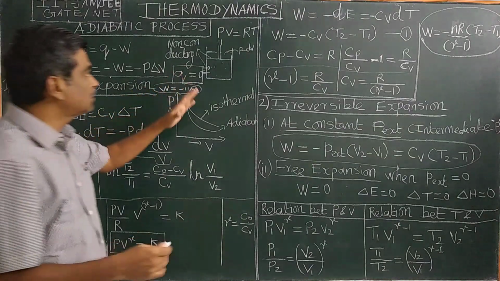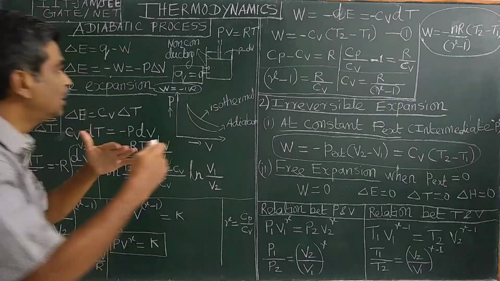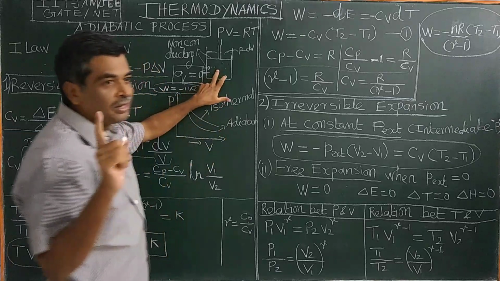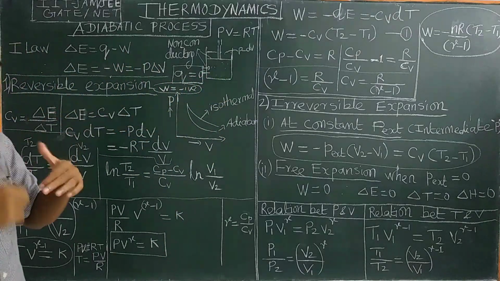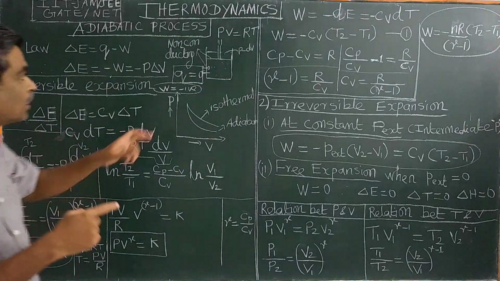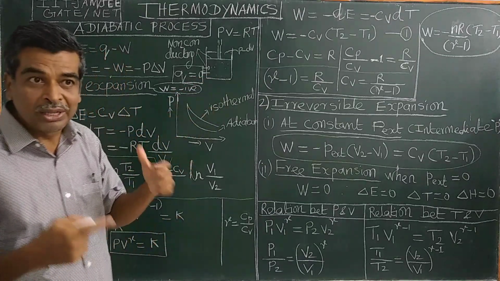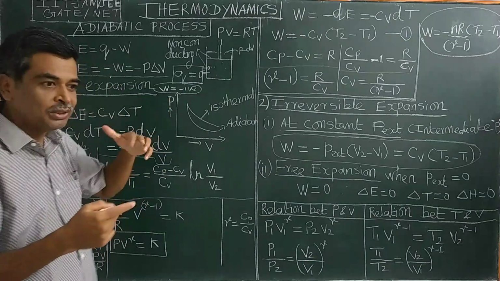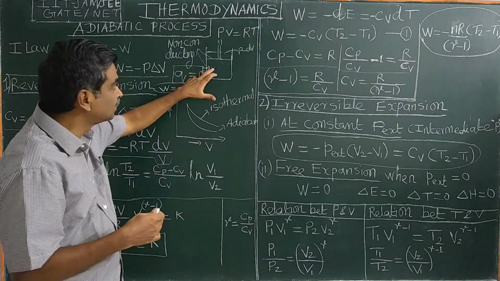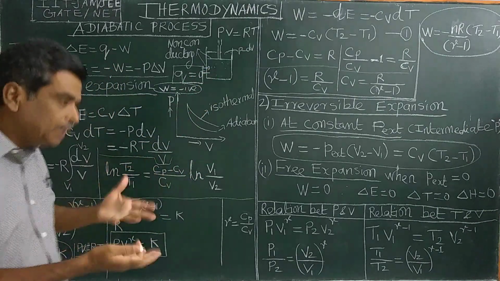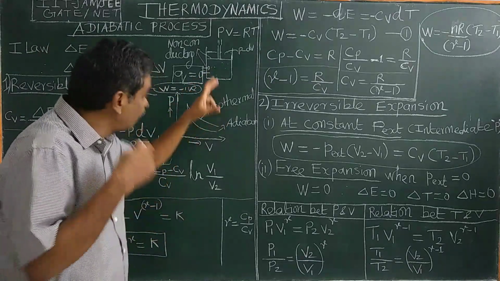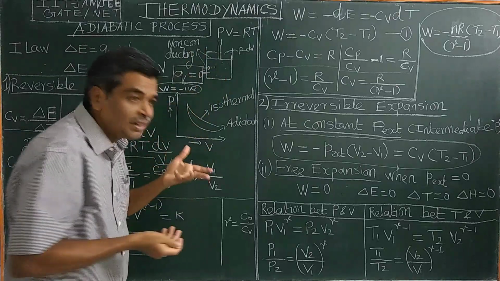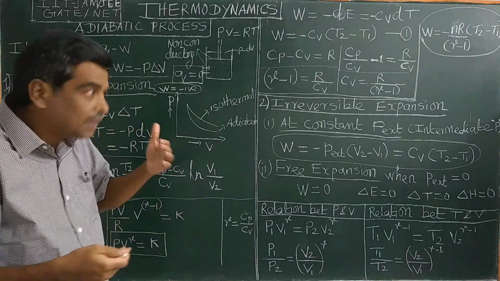For example, during adiabatic expansion, the internal energy decreases. You remember, the internal energy decreases. It does work at the expense of internal energy. Delta E is negative because there is no heat supply. The system does work by using its internal energy. Therefore, the internal energy decreases.